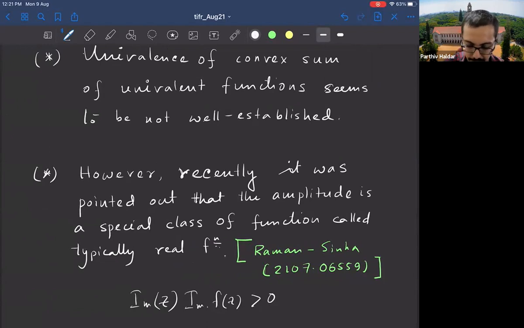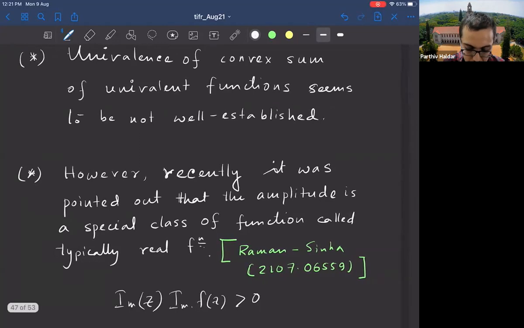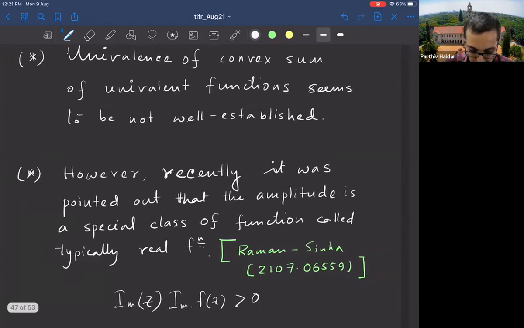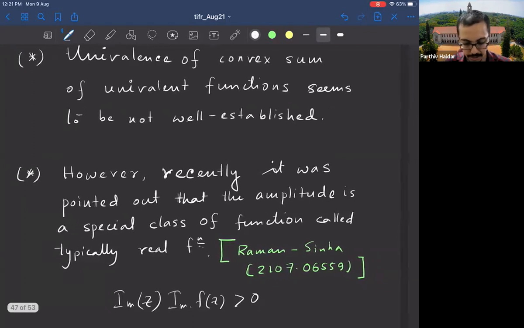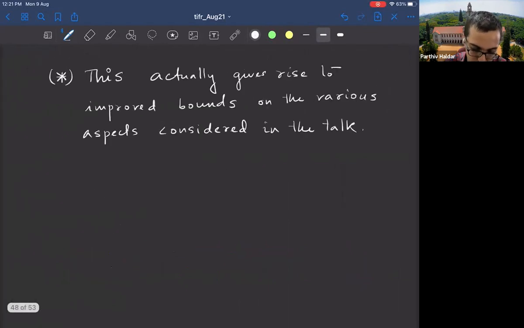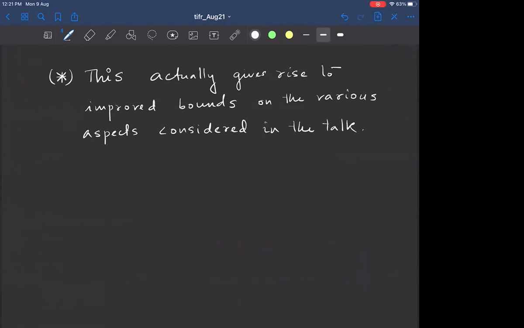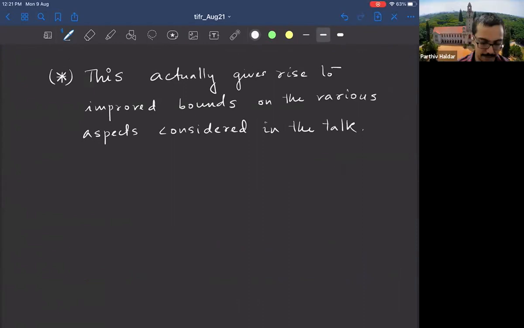You get these Bieberbach-Rogosinski kind of bounds, and there are also stronger bounds available for typically real functions, which you can put to use in this context to get more bounds. They can actually give rise to improved bounds on the various aspects. So you can use those properties further to explore more constraining bounds on Wilson coefficients and the amplitude.